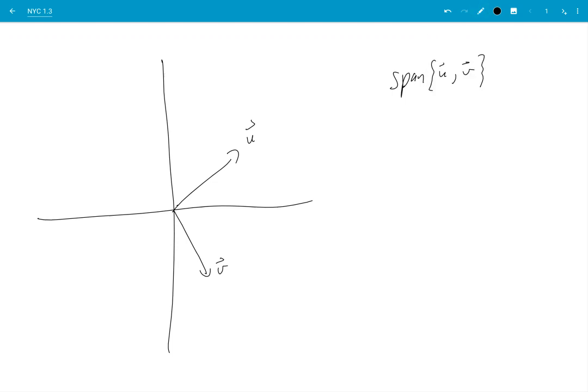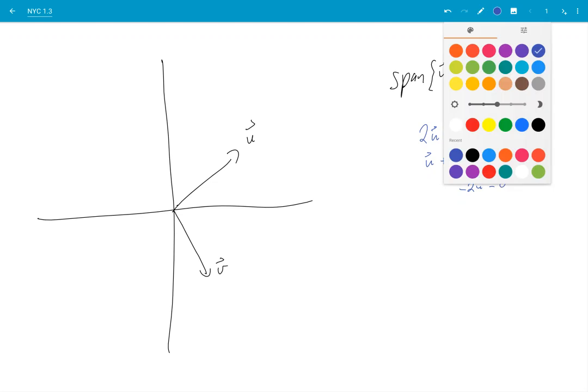Well, it contains things like 2u plus just v, right? U plus 2v. Say minus 2u minus v.